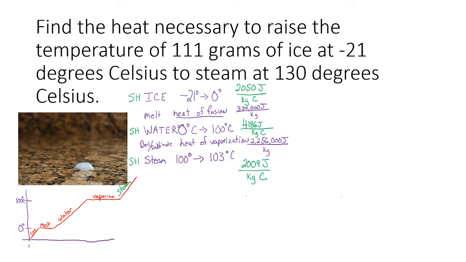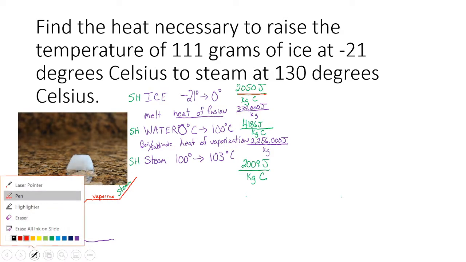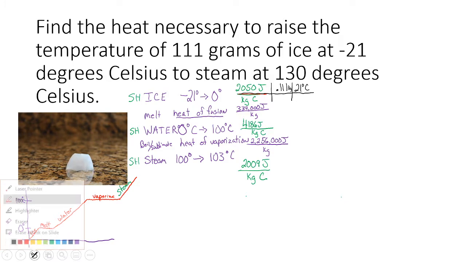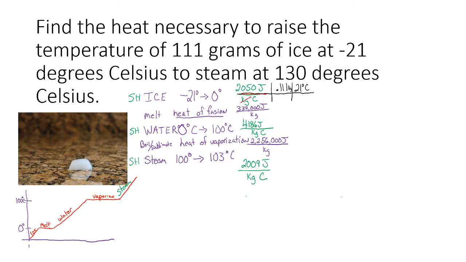So we're going to begin to work on this particular problem. It's just a matter of doing some simple unit analysis, but it's a good amount of unit analysis. So we're going to cancel out the kilograms by putting in 0.111 kilograms. And then we have the degrees Celsius. Here we have 21 degrees Celsius that we're changing. That allows me to cancel out the kilograms and the degrees Celsius.